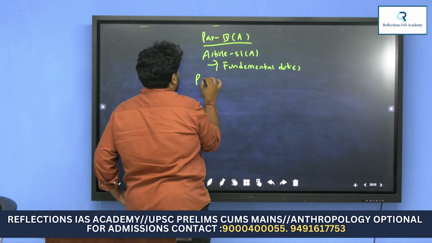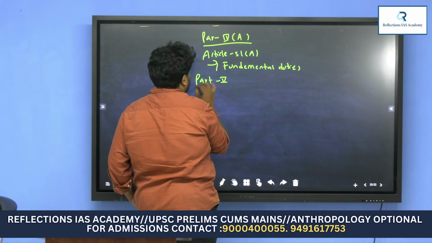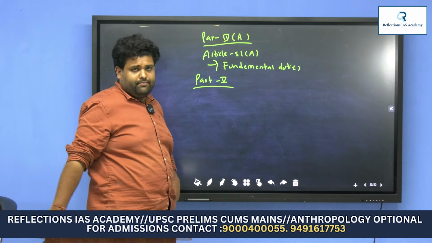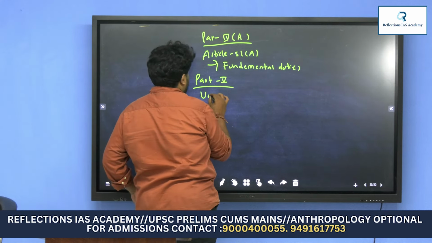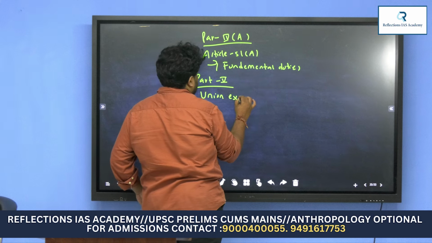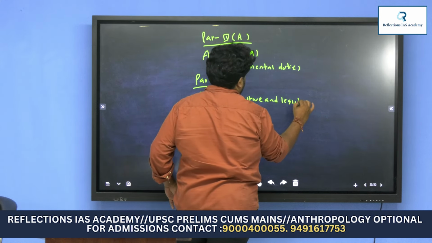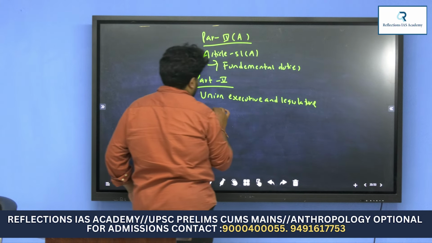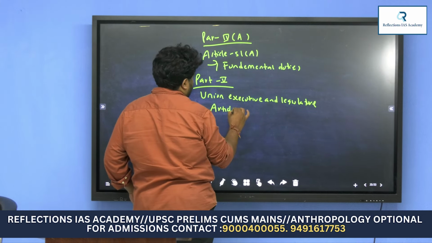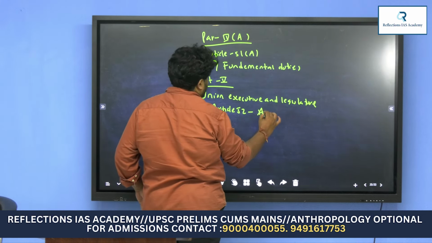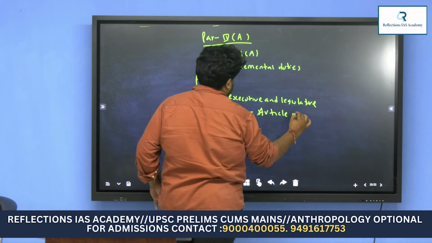And then you have part 5, which is Union, Executive and Legislature. This is Article 52 to Article 151.